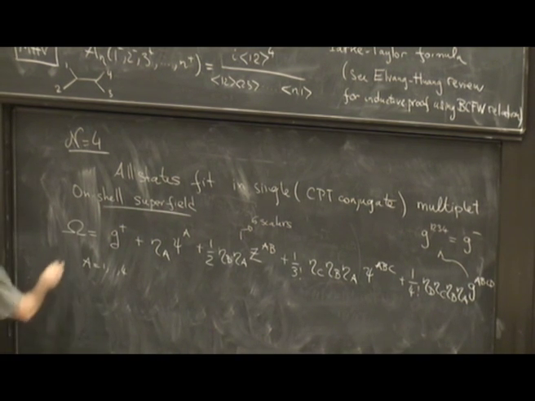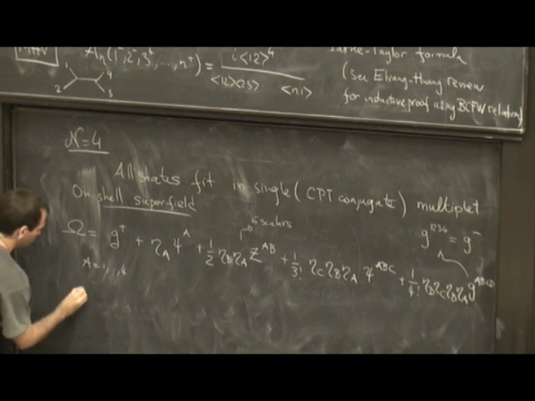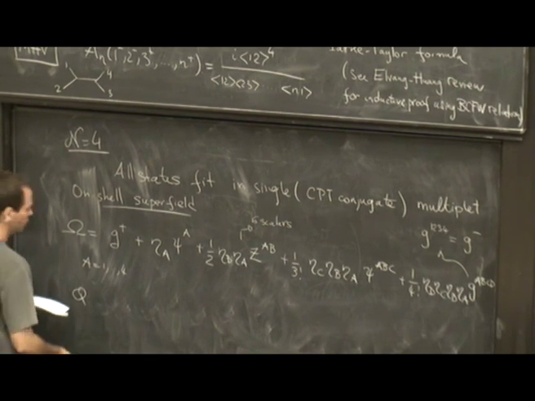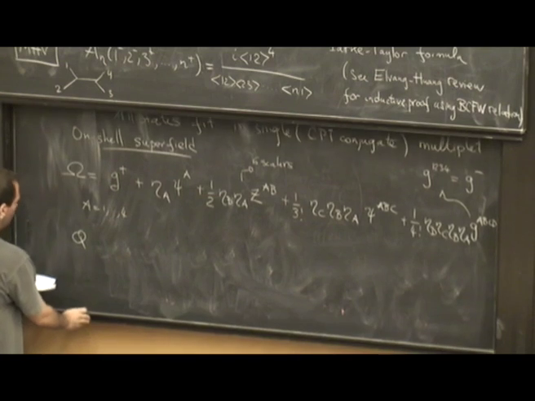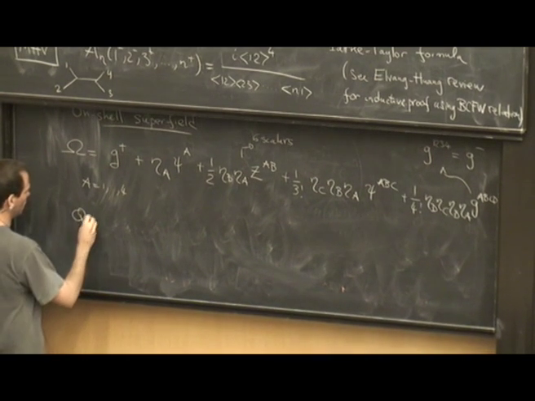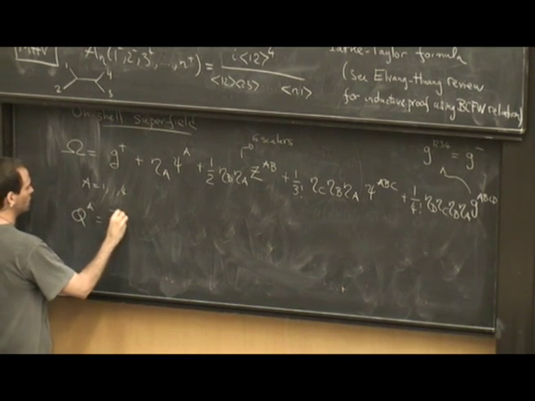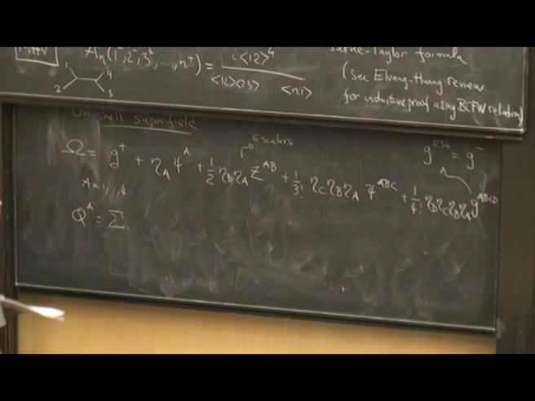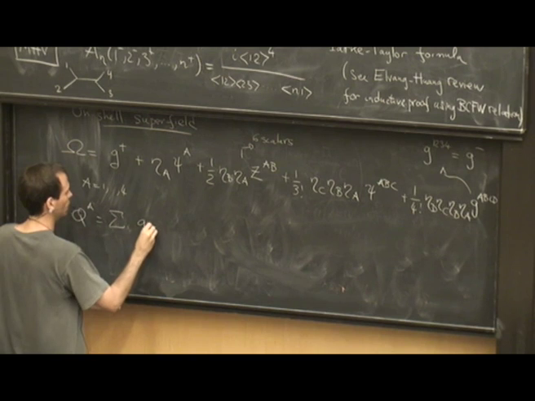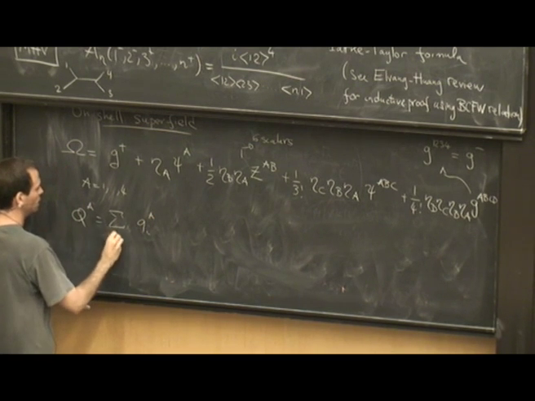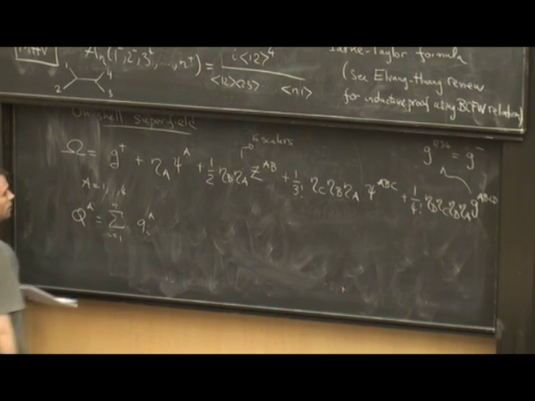So I can act with this field with some supercharge. If you want to see the realization of the supersymmetry explicitly, you will define some supercharge. So let me define them like this. If I have many of the superfields together, that would be a sum over individual supercharges, say. Let's imagine we have n gluons in our state, n super gluons. Okay?